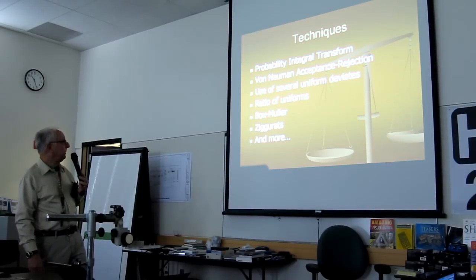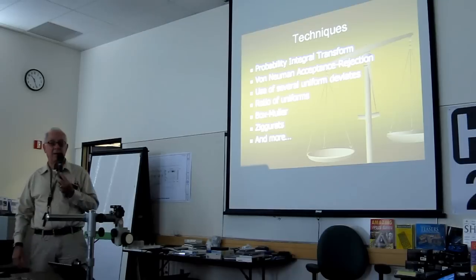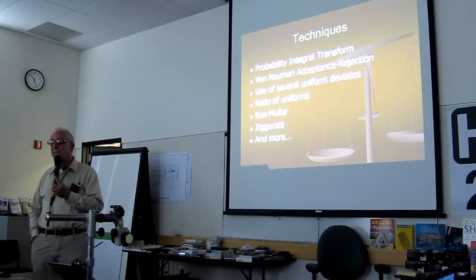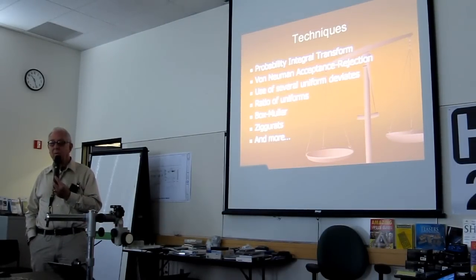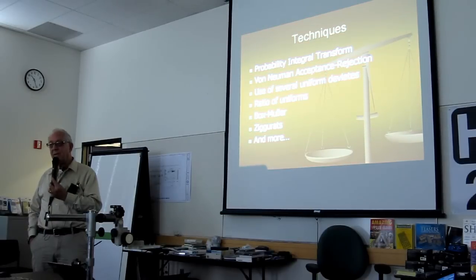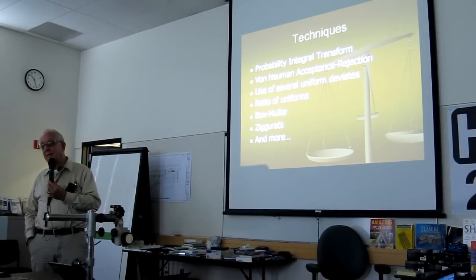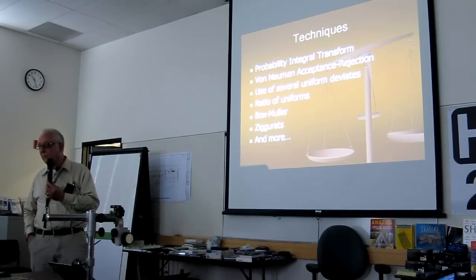There's a technique using the ratio of uniform random numbers. Now, if you look at the ratio of two random numbers, it opens up a whole world of probability theory, different kinds of distributions.